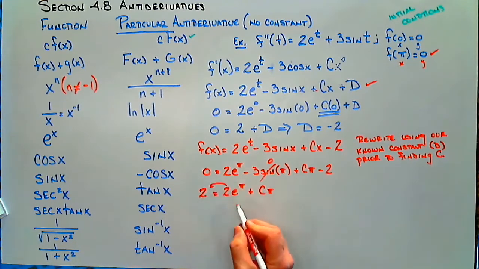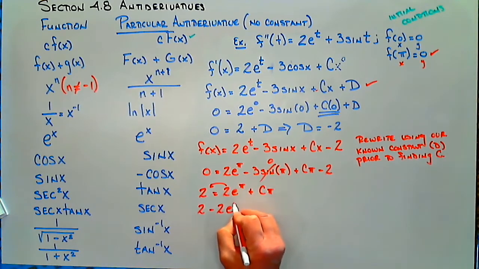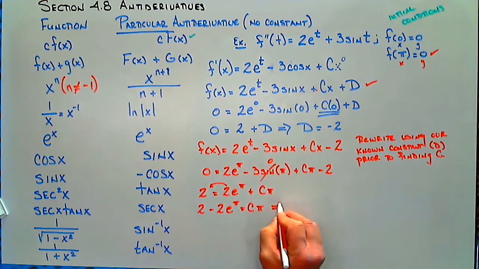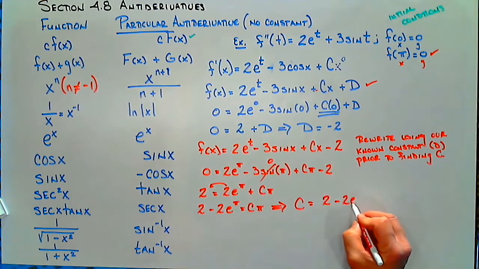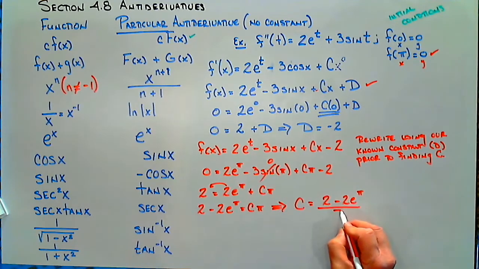Now we can move this over here, and we get 2 minus 2e to the pi equals c times pi. And from there we can find c. C is going to be equal to 2 minus 2e to the pi divided by pi. That's what c is.